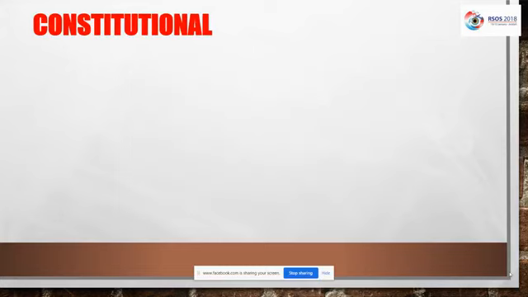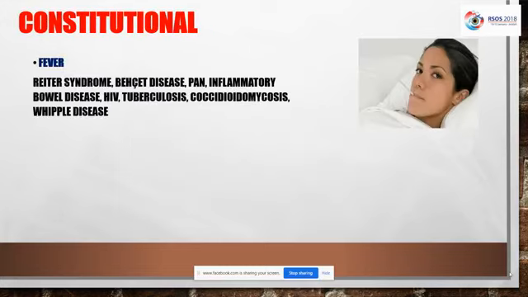Fever is one of the clues in the diagnosis of Reiter syndrome, Behçet disease, polyarteritis nodosa, inflammatory bowel disease, HIV, tuberculosis, coccidioidomycosis, Whipple disease. So all of these diseases can be presented by fever.